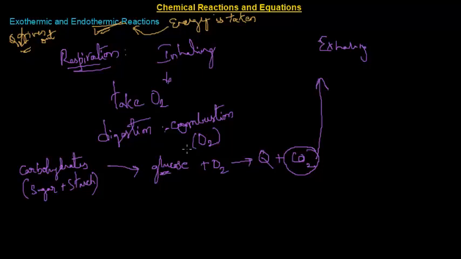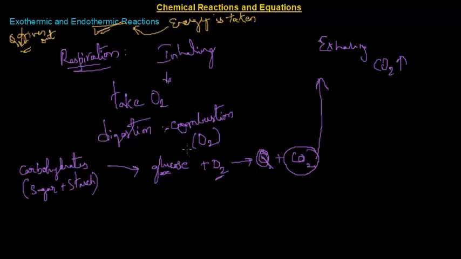The glucose is supplied to the body where it reacts with oxygen present. It releases energy which is required to do work, and also carbon dioxide and water. This carbon dioxide is poisonous for us, and this is given out of the body in the form of exhalation. So in this way, carbon dioxide is coming out of our body. So oxygen is getting in and carbon dioxide is coming out.